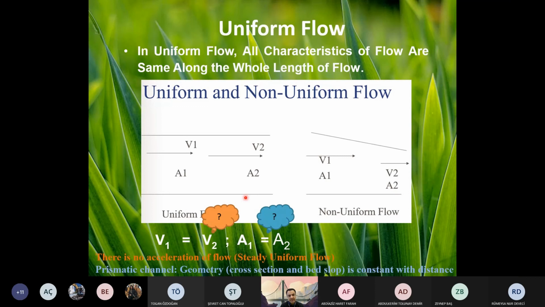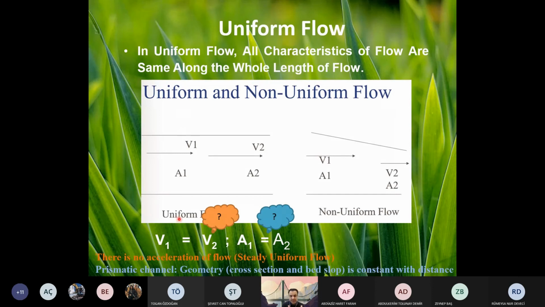Therefore, when we say V1 equals V2, it means there is no acceleration. In that case, we also say this is a steady uniform flow. A prismatic channel is a channel where the geometry is constant along the river. When the geometry of the cross-section is constant, we say prismatic channel. So this is actually a condition to have uniform flow.